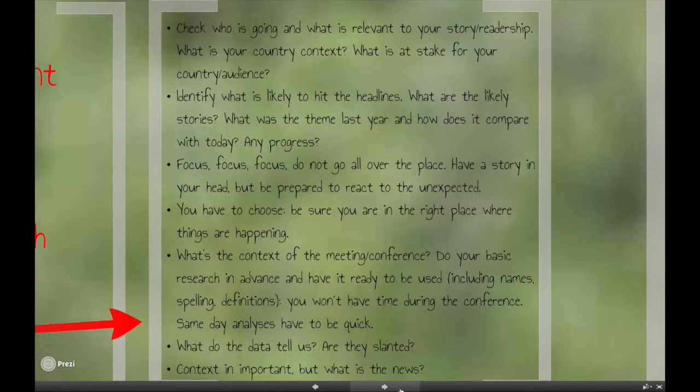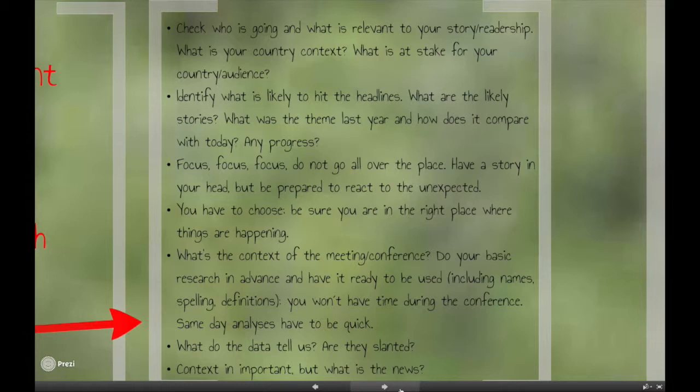So you have to have a story in your head, but you have to be flexible enough to react to unexpected things. And also be sure that you are in the right place where things are happening.